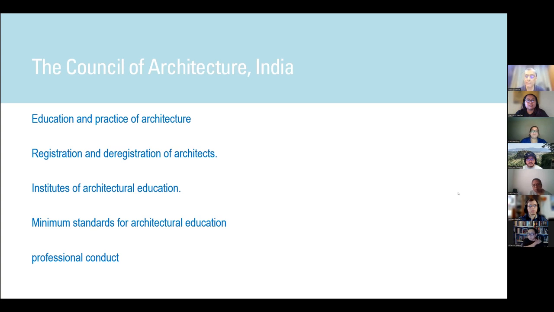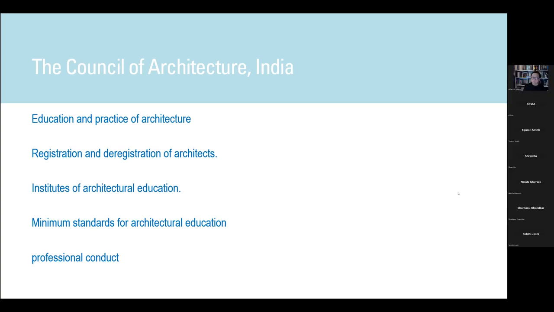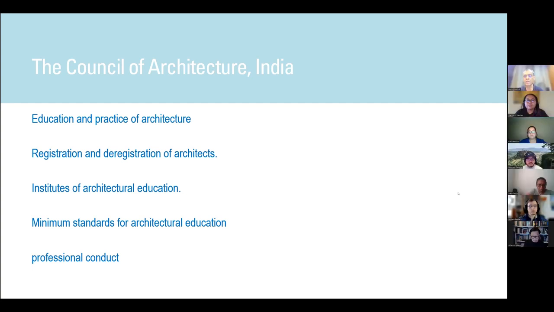There are unethical practices in the profession, and those architects are derecognized. Another is recognition of institutes of architectural education. It means they will grant permission to run architectural education subject to compliance with standards formed by COA, and setting up a minimum standard of architectural education.